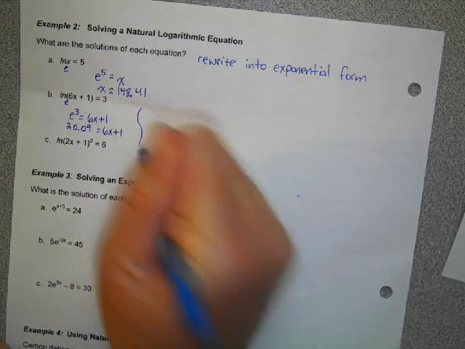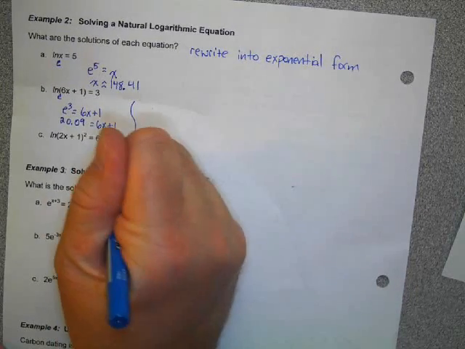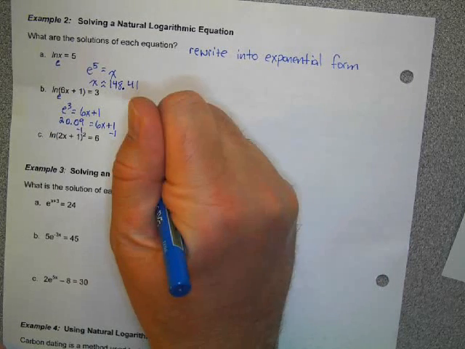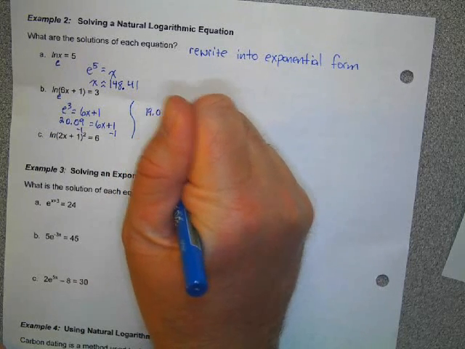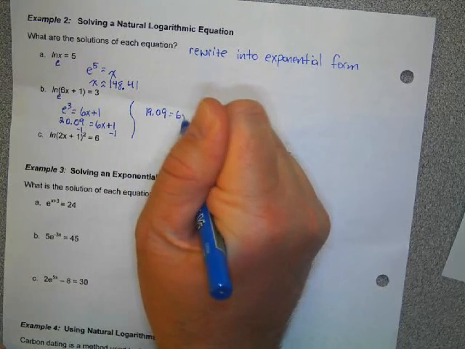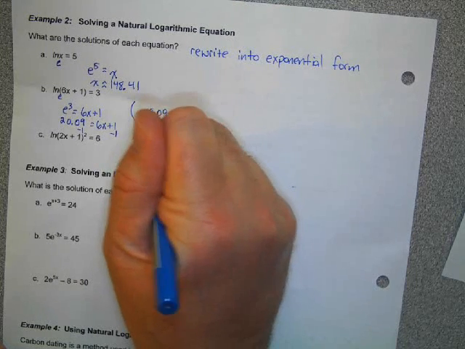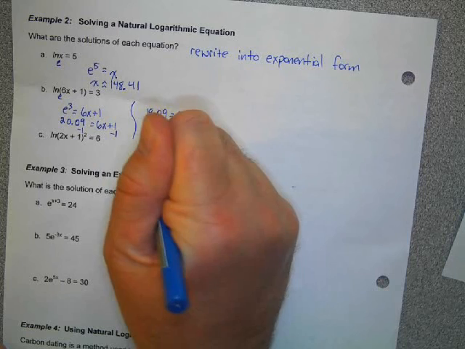Take away 1 from both sides. You get 19.09 equals 6x, and then divide the 6 out. So x is approximately 3.18.